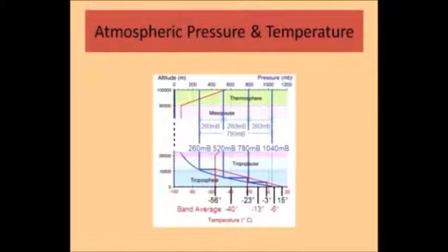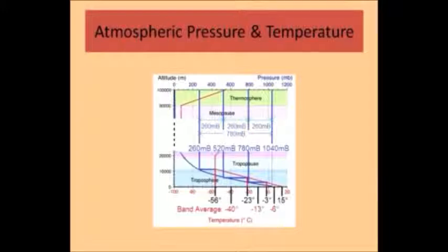Then divided by 3, we get 260 millibars of pressure difference across each band. So band 1 goes from 1040 millibars to 780 millibars, 780 being 1040 minus 260.